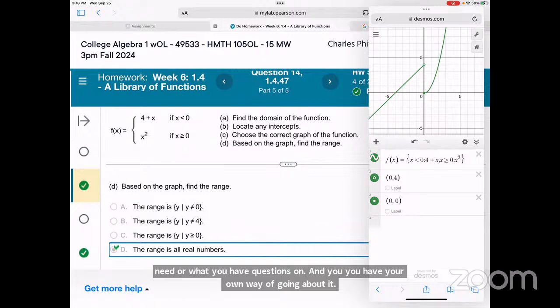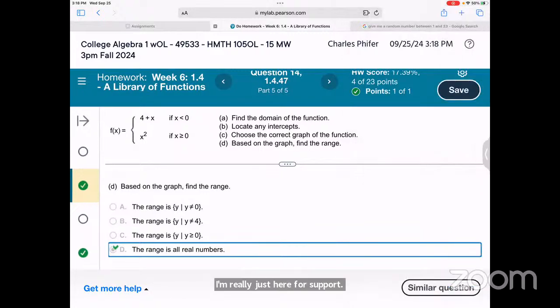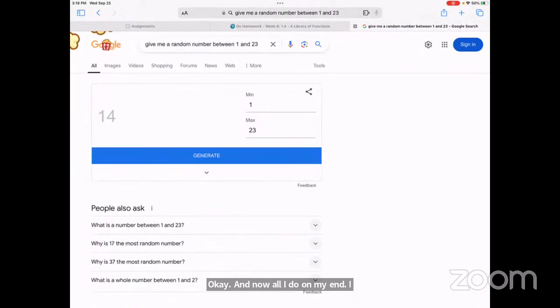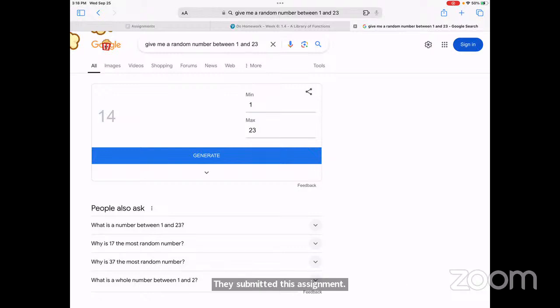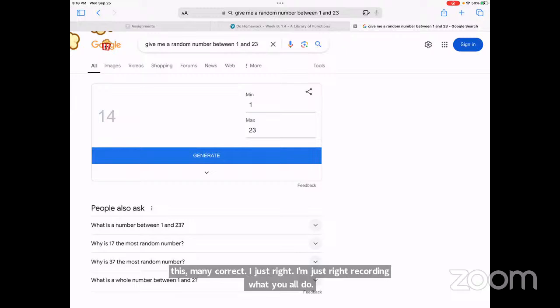Okay. And all I do on my end, I don't give grades. I just write down what you guys are doing. This person was here this day. They were here for this long. They submitted this assignment promptly. This one was late. They got this many out of this many correct. I'm just recording what you all are doing. But I'm not biased.